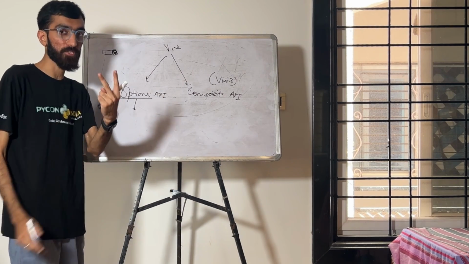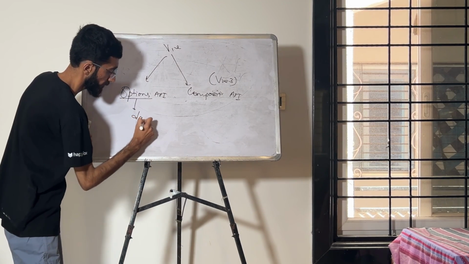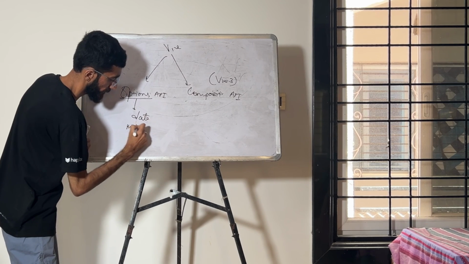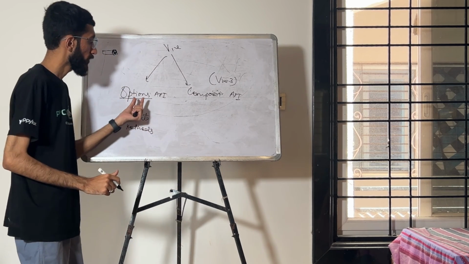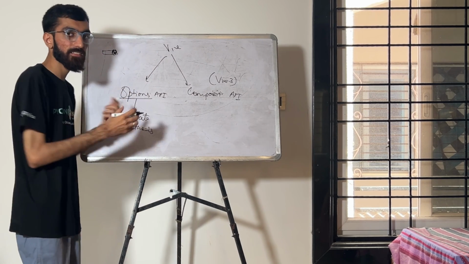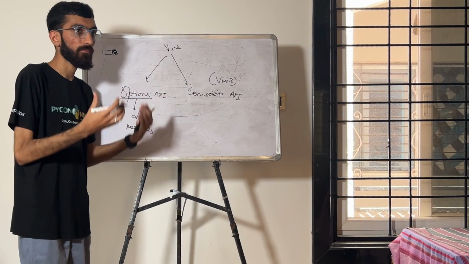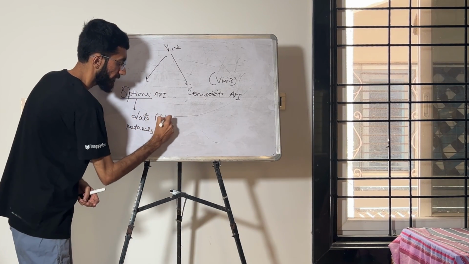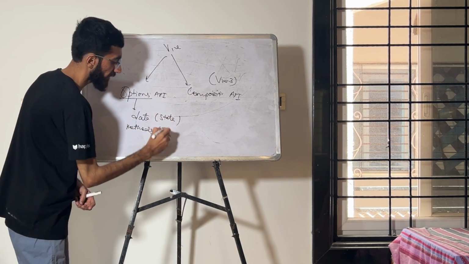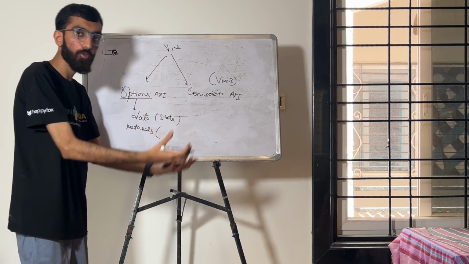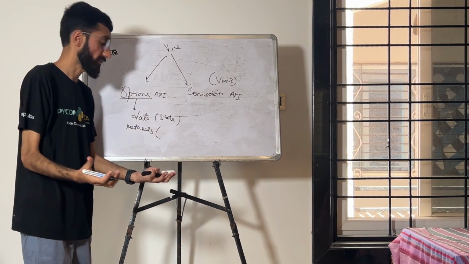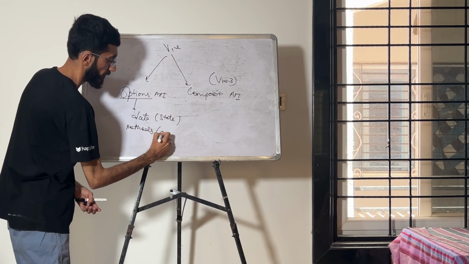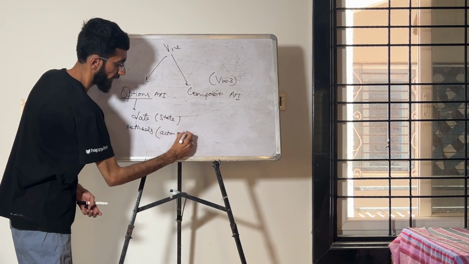The first two options that we'll learn are data and methods, right? Data is what is the data that you are working with, or the state. Methods are what actions you want to perform. Increment, for example, is an action on the state.